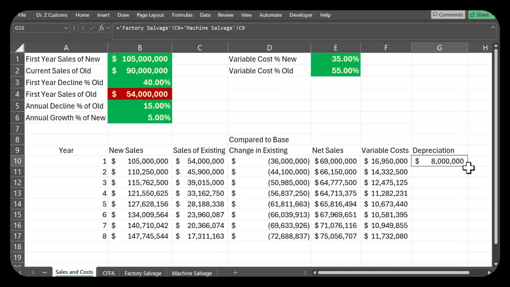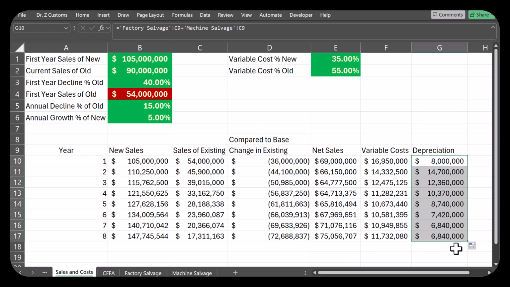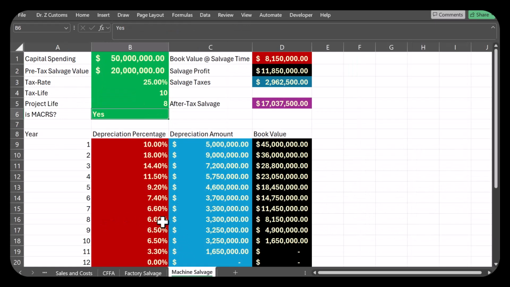So those are my annual depreciation amounts. How come they are the same? Huh? Ah, yeah, because of that.